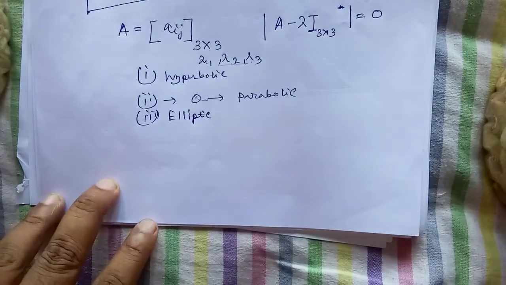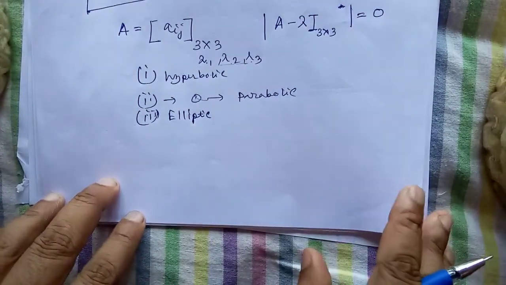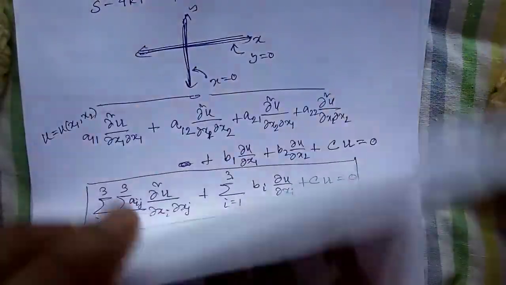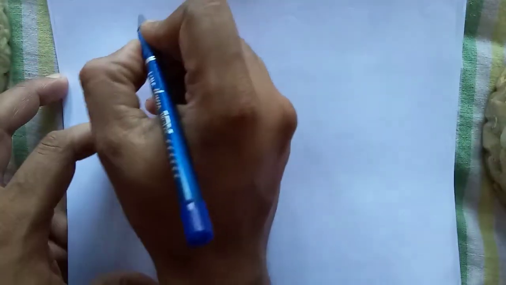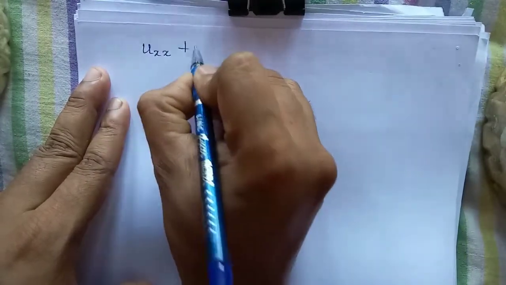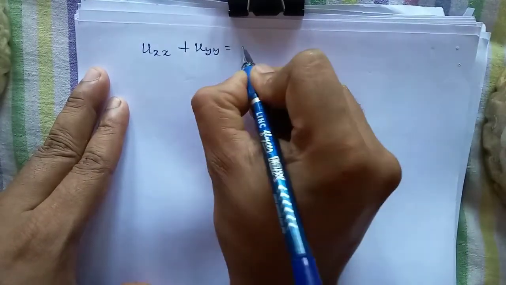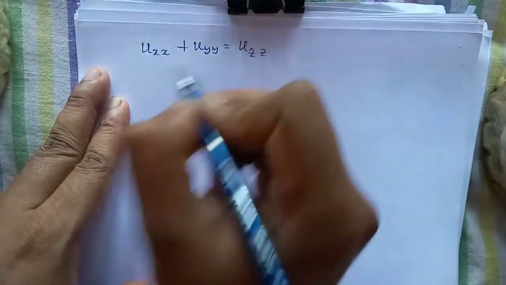Now let us check for this one. The first problem is given as uxx plus uyy is equal to uzz.